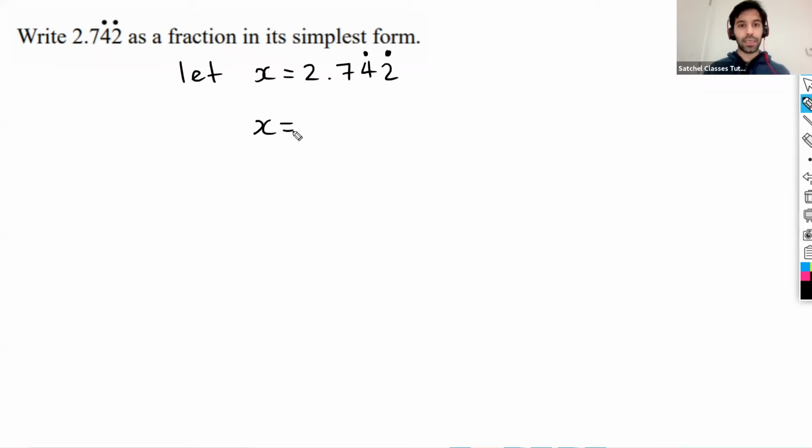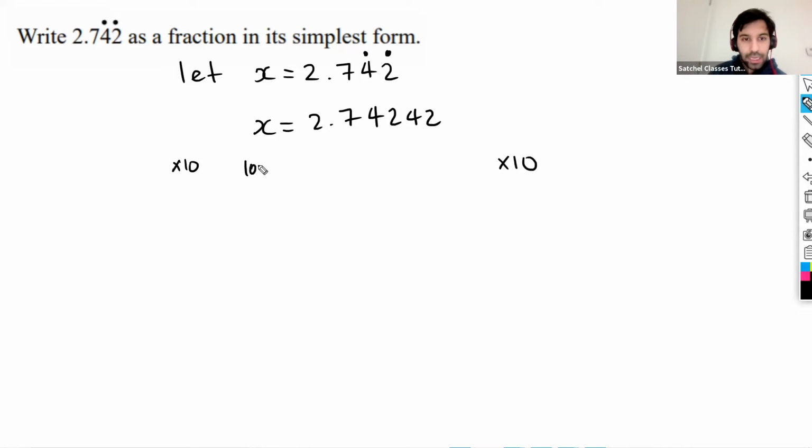So x is equal to 2.7, and remember, the 4 and the 2 are going to be repeating. So just repeat them twice. You can do it more times if you want, that's absolutely fine. Now I need to multiply both sides by 10.